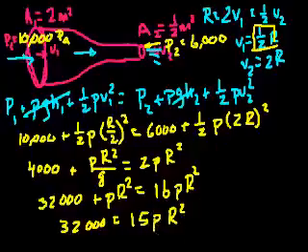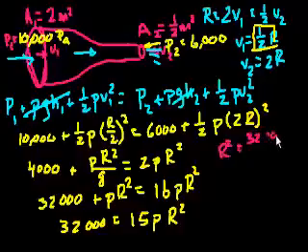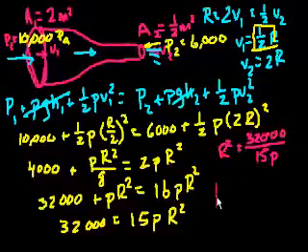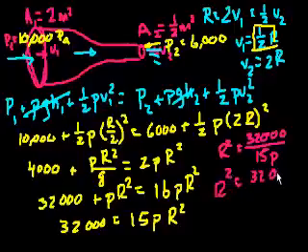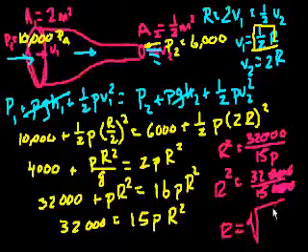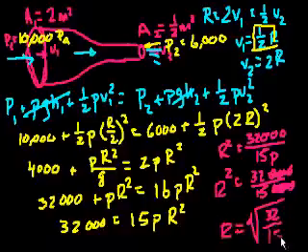We get R squared is equal to 32,000 divided by 15 rho. Rho is 1,000, so R squared is equal to 32,000 over 15,000, which is the same thing as 32 over 15. So R is equal to the square root of 32 over 15. That's going to be meters cubed per second.